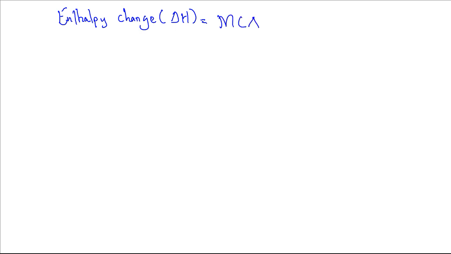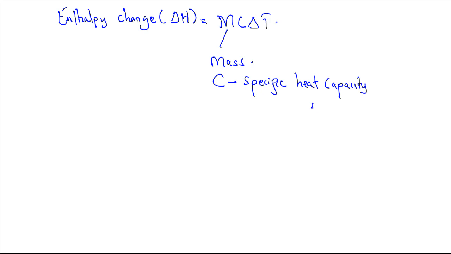Now, let's determine enthalpy change. Enthalpy change delta H is equal to mc delta T, where m is the mass, c is the specific heat capacity, that is normally 4.2 joules per gram per Kelvin, or 4.2 kilojoules per kilogram per Kelvin.